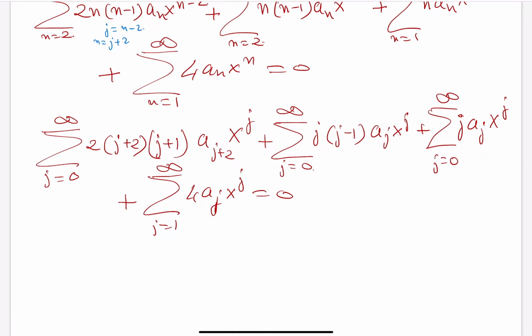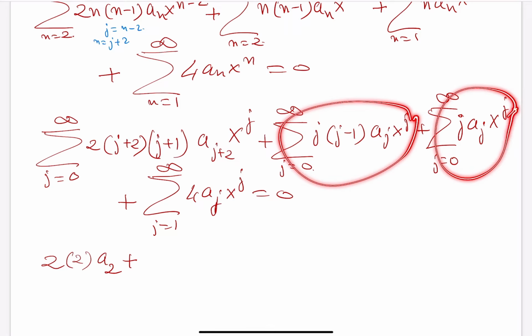If j is equal to 0 here, I will have 2 times 2 because of here, and then here you have just 1 times 2. Plus, with j equal to 0, nothing will change. Let me point out here. If j is equal to 0, nothing will change. J equal to 0, also the same thing.